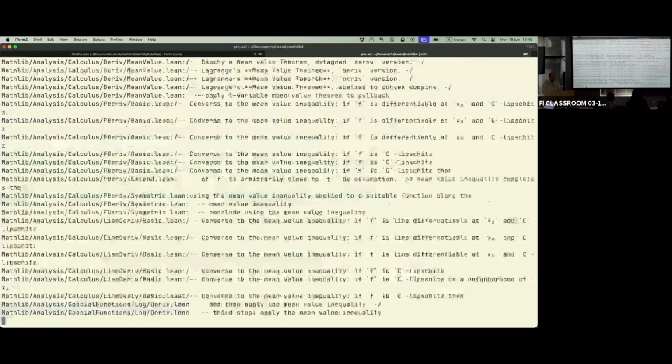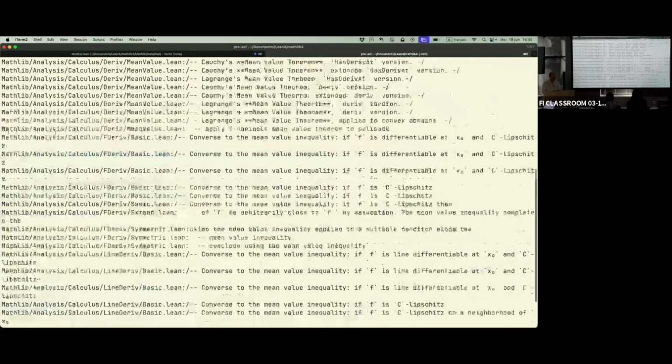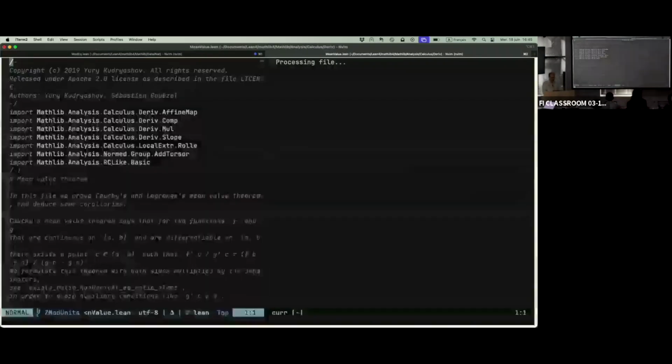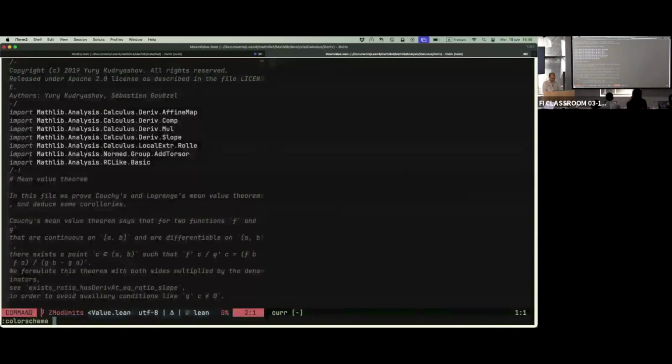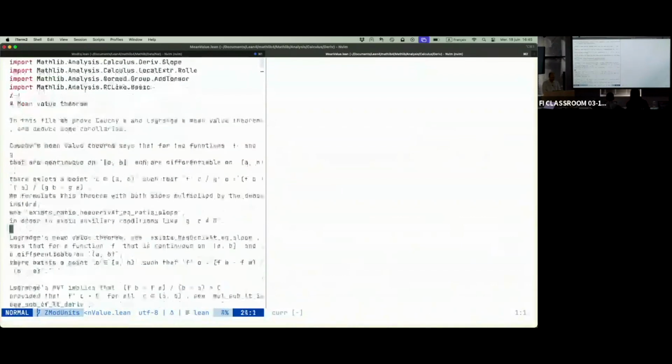Wow. So we have something in Mathlib analysis calculus FDeriv. So here. Oh, it's even better. Okay. So in this file, we prove Cauchy's and Lagrange mean value theorems and deduce some corollaries.